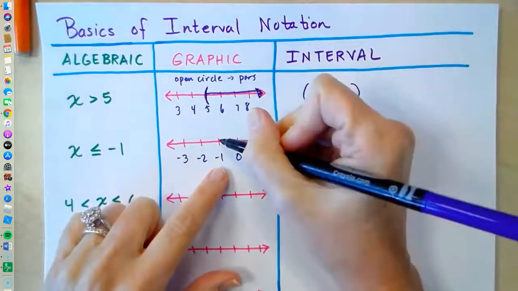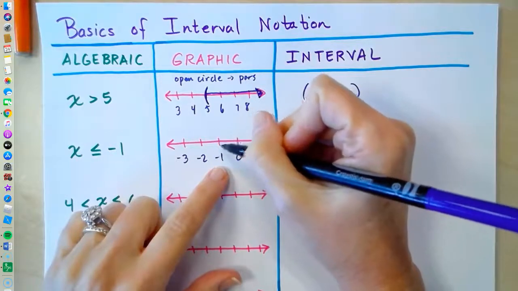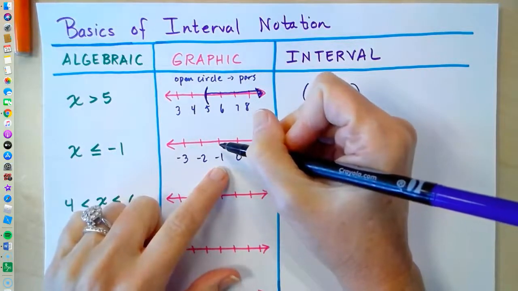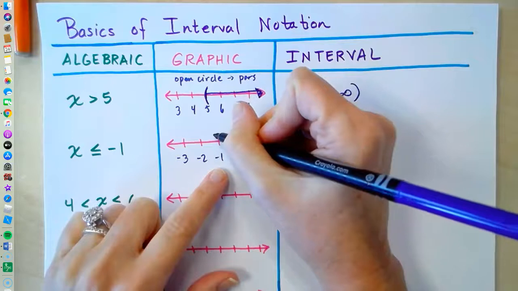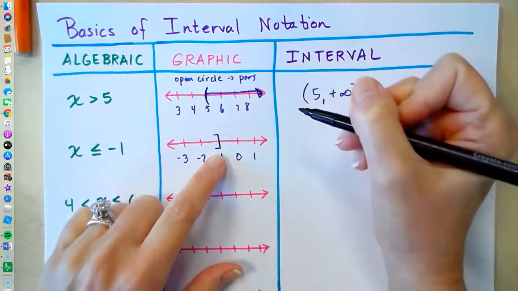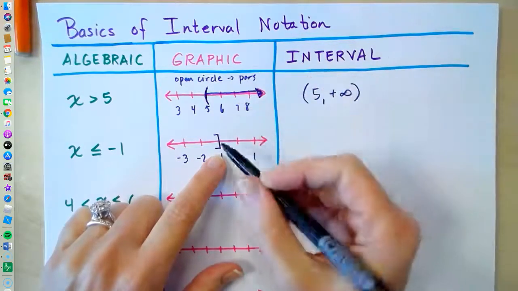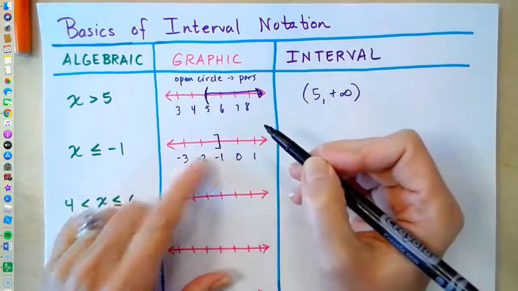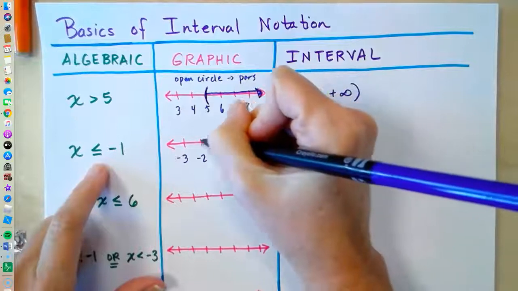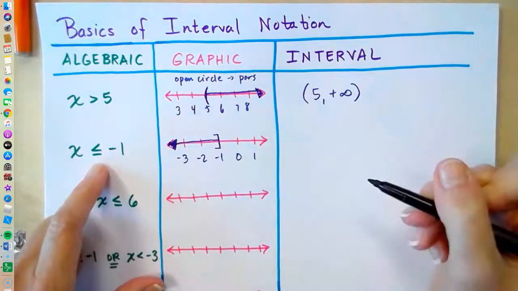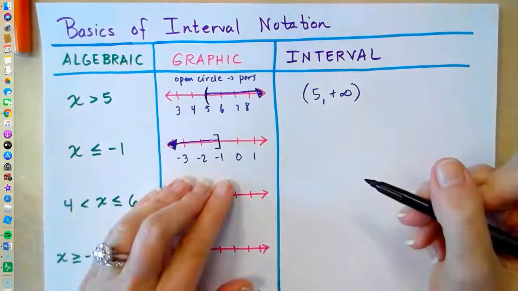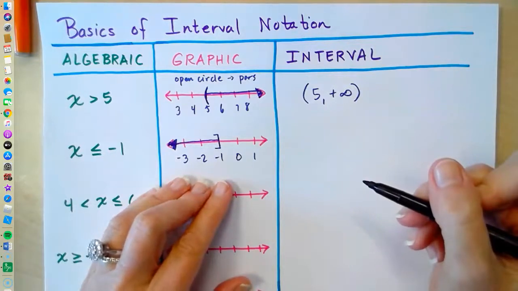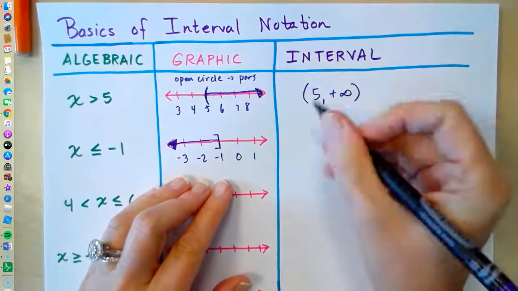So normally we would put the closed or filled circle, but instead of the closed or filled circle, we're going to use a bracket. The bracket shows inclusion. And notice how this parenthesis was opening to the right, this bracket is opening to the left because it is a less than situation. Now we can go straight from the graphic notation to the interval notation.